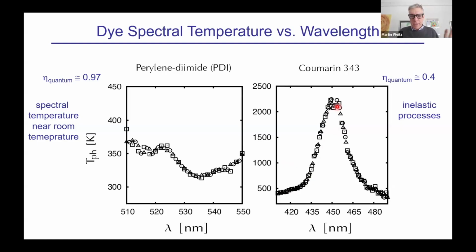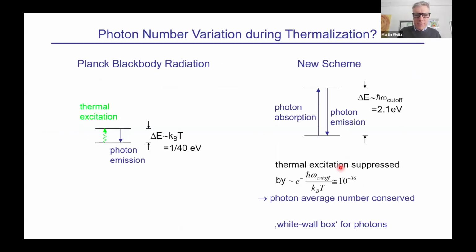So basically, if one thinks more carefully about it, one finds that if one has a thermalization process with a quantum efficiency of unity, the dye or the thermalization medium must fulfill the Kennard-Stepanov relation ideally. So essentially, you want a dye or a solid semiconductor medium with a high quantum efficiency. And then you can expect to thermalize the photon gas.